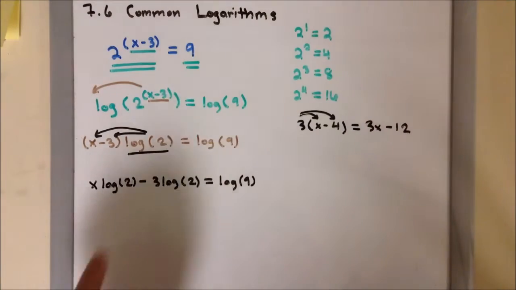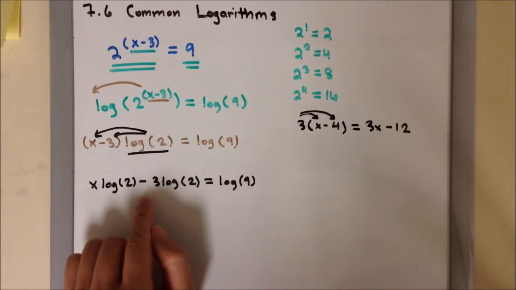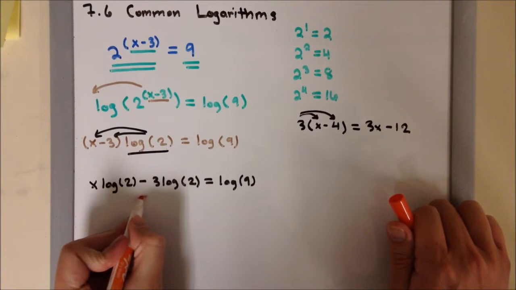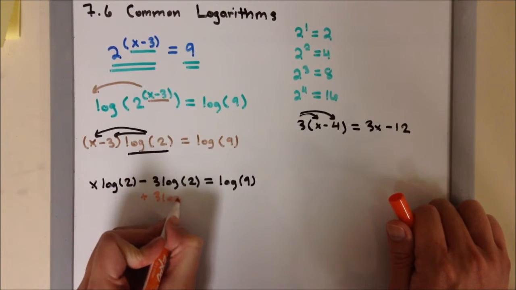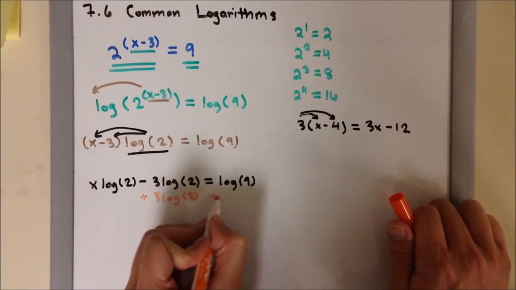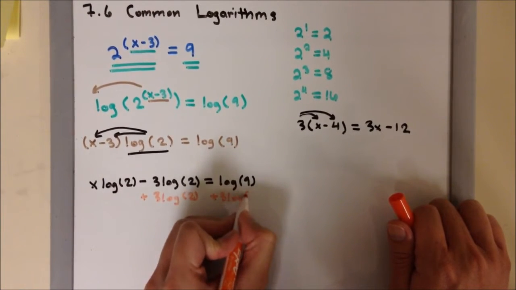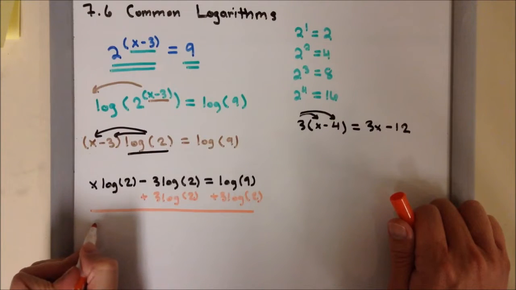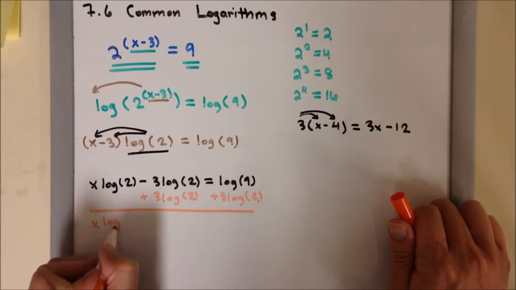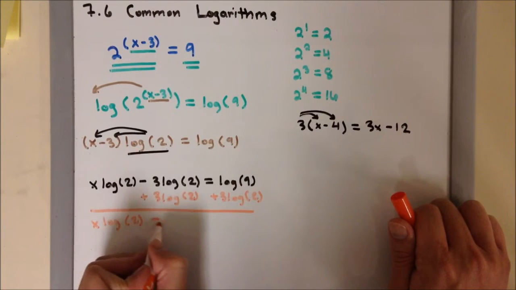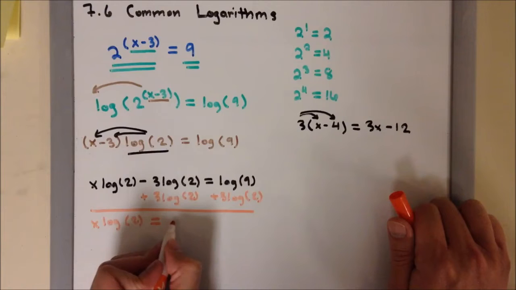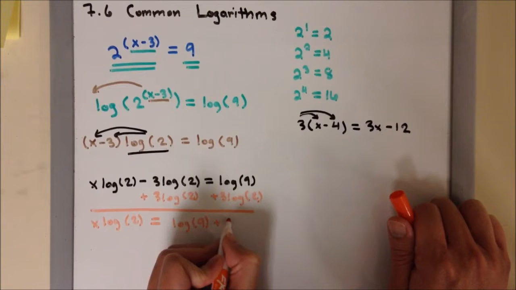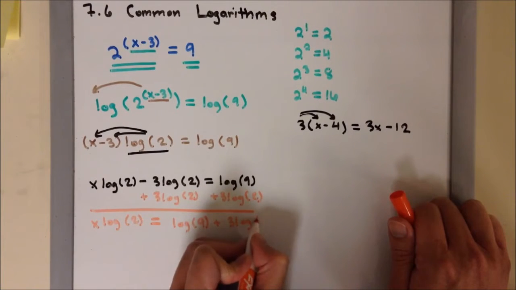Now, I need to get this by itself, so I need to cancel the minus 3 log of 2. So what I'm going to do is add 3 log of 2 to both sides. So on the left side, I'm going to have x log of 2 equal log 9, put that one first, plus 3 log of 2.